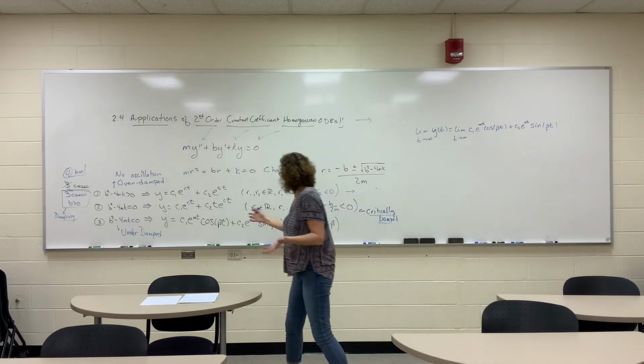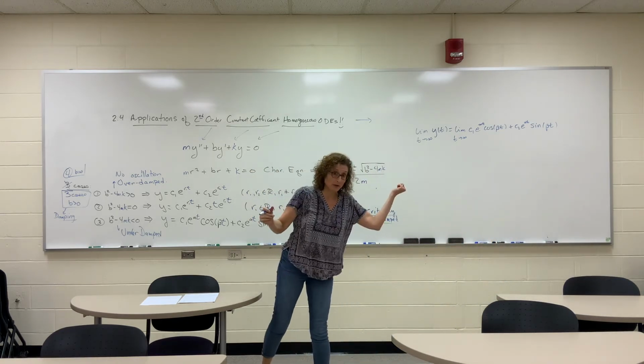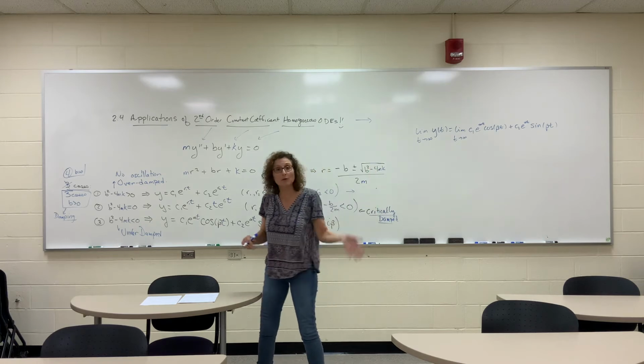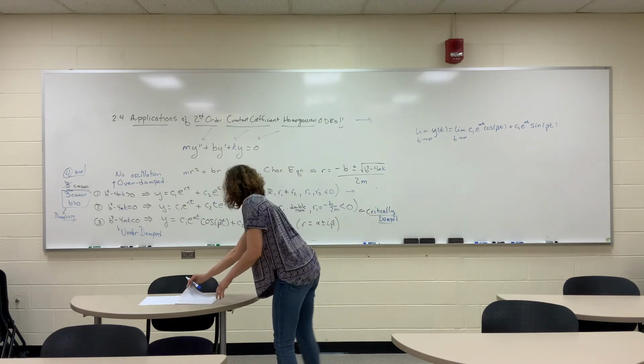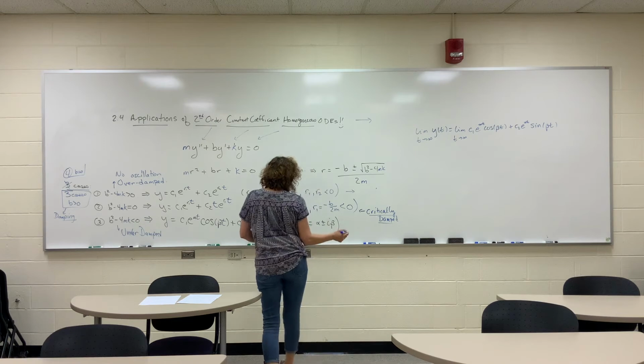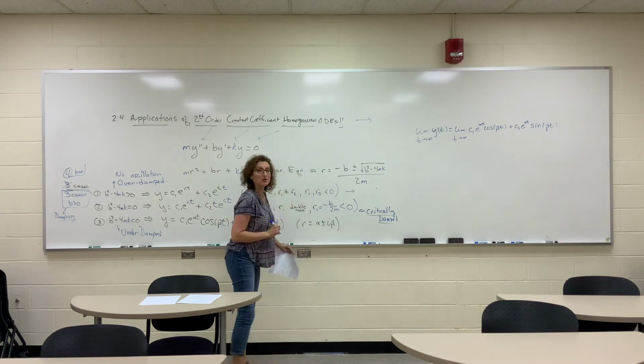So what do we know that cosine and sine do as t goes to infinity, right? They just oscillate back and forth forever, right? So what about this guy alpha? What is alpha, right? That's with the exponential piece.